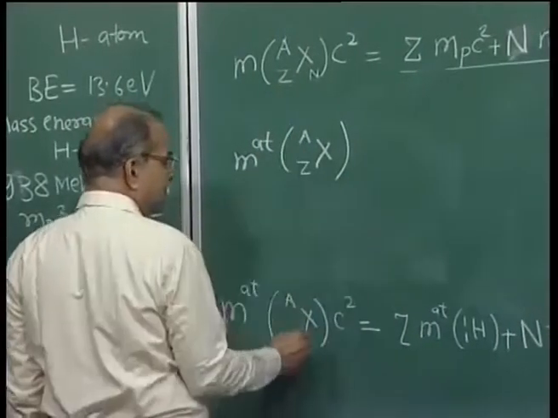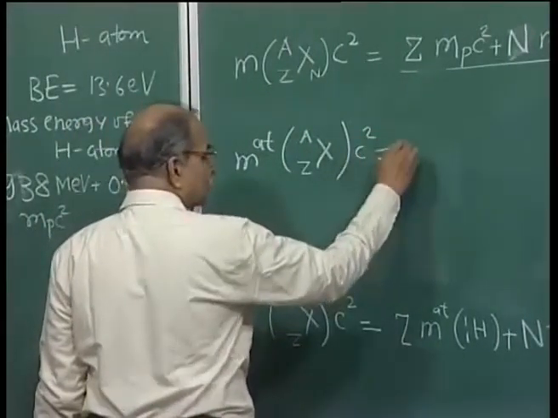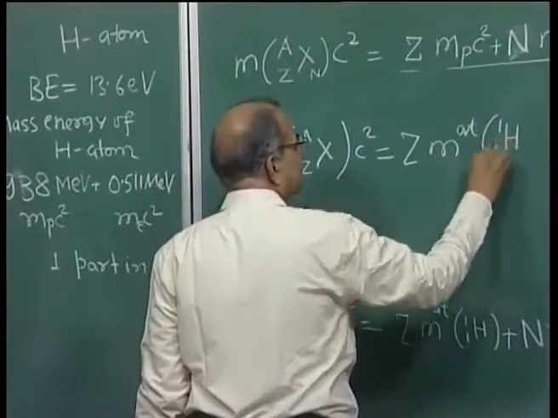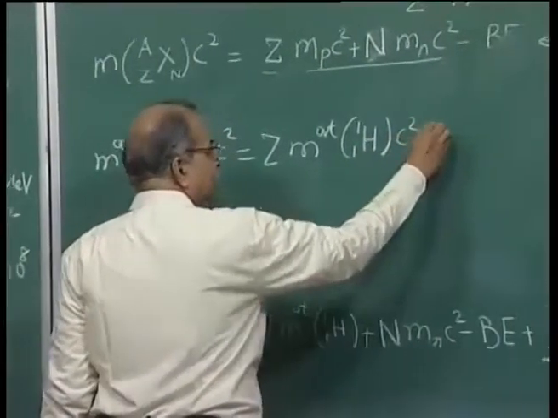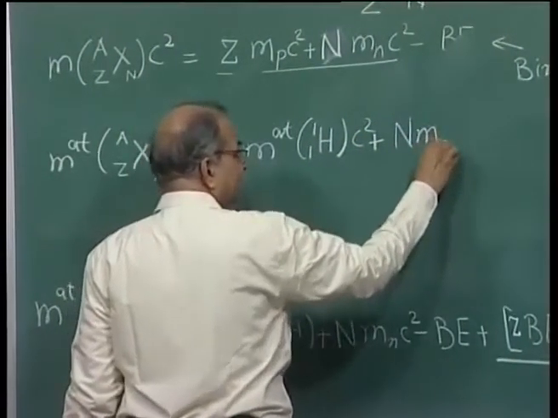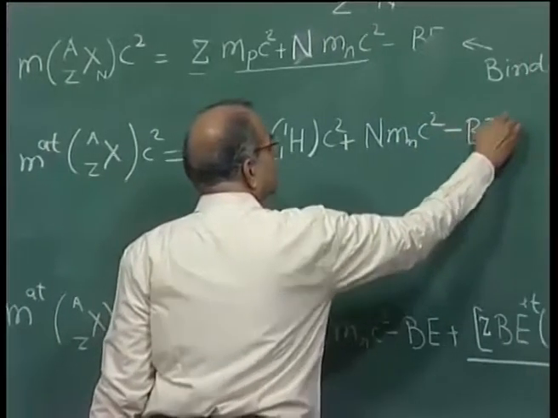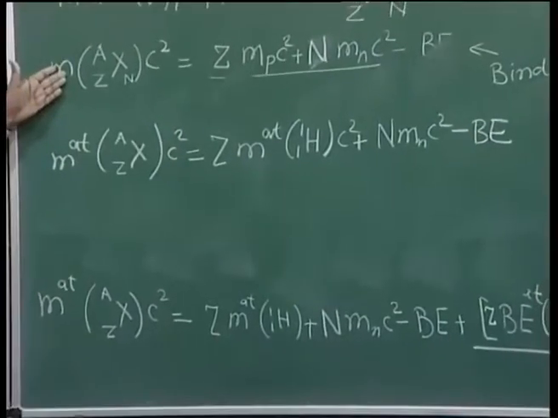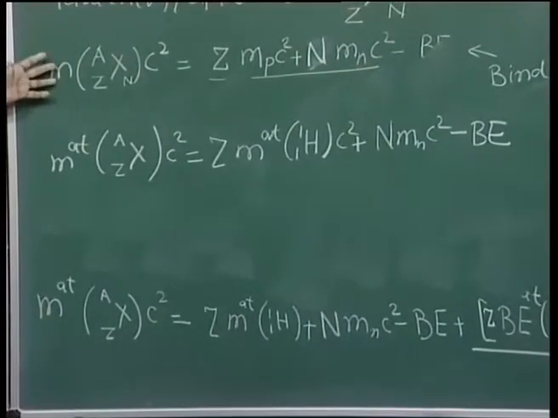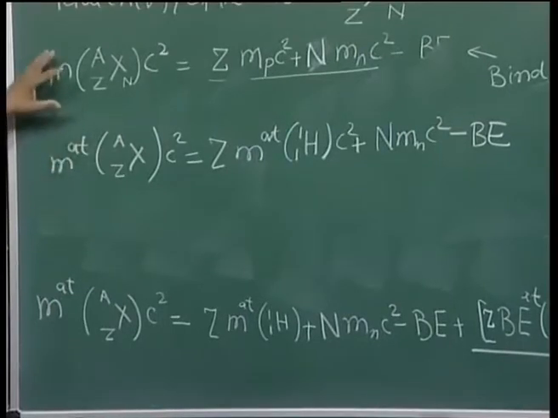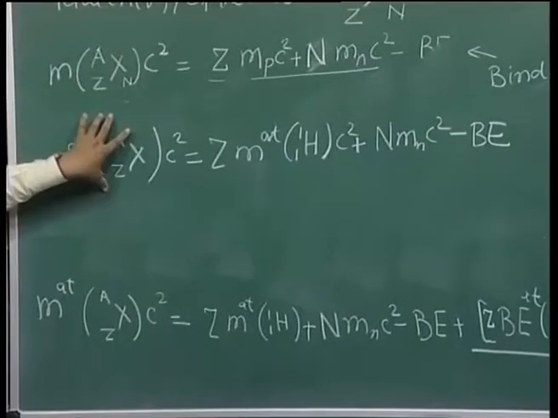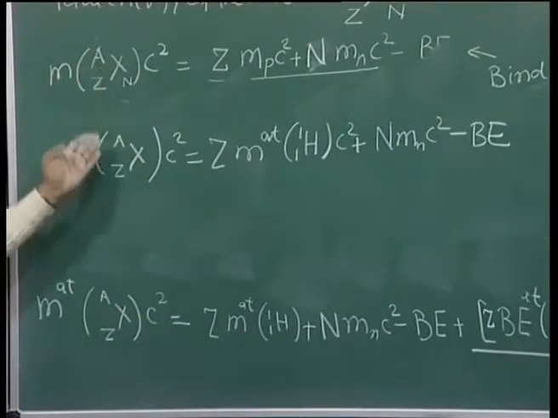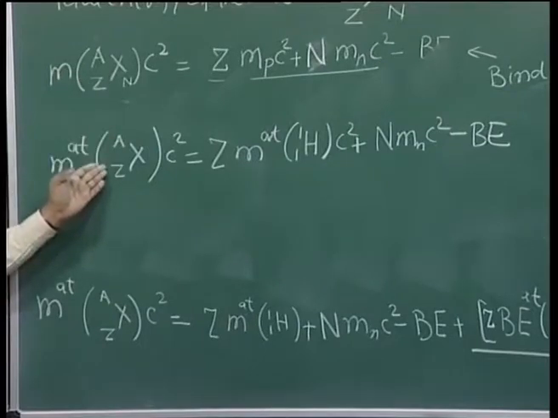So, this atomic mass c squared equals Z times atomic mass of hydrogen atom 1H1 c squared plus N M_n c squared minus B_e. Compare. Same terms are there. Instead of nuclear mass, now it is atomic mass. Instead of mass of nucleus, I am writing mass of a neutral atom having the same nucleus.